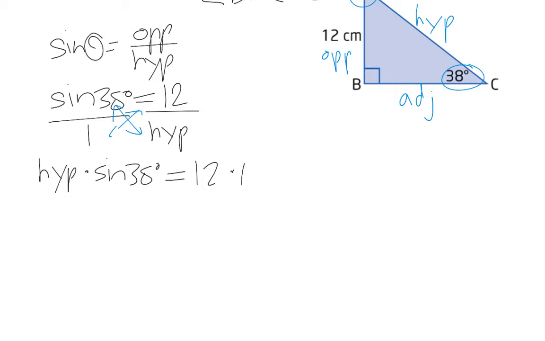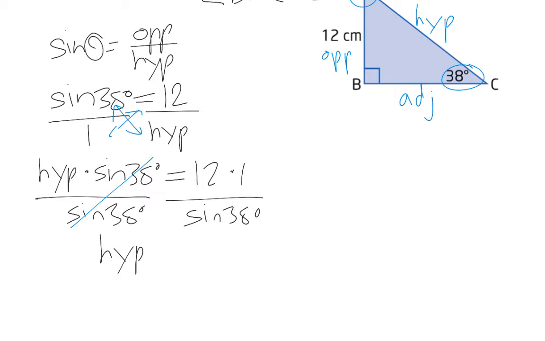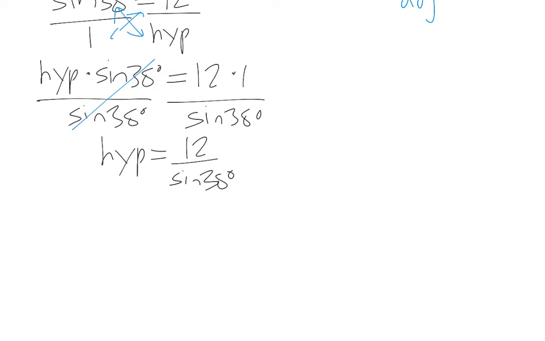Now, obviously, to isolate the hypotenuse, you'd have to divide both sides by sine 38. So that's going to cancel out, and you get your hypotenuse, which is equal to 12 over sine of 38 degrees. Once you punch that into your calculator, you should get a hypotenuse value of around 19.5 centimeters.